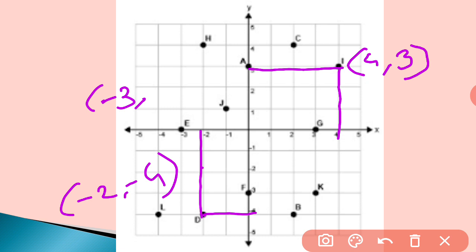If I draw a perpendicular from E to the y-axis, it reaches 0. So the next number to be noted down is 0. And the coordinate of point E will be (-3, 0). This is the method of finding out the coordinates of any point which lies on the coordinate axis. I hope you can try others.